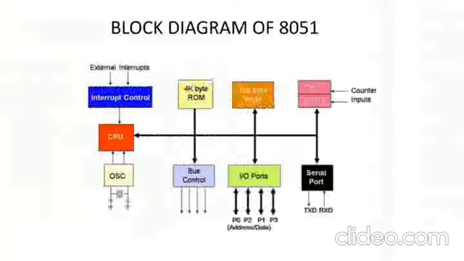Now we will see the block diagram of 8051. Before, we saw the block diagram of a microcontroller, and this is the block diagram of 8051. Here you have the CPU, this red color block, and down you have an oscillator connected to it.